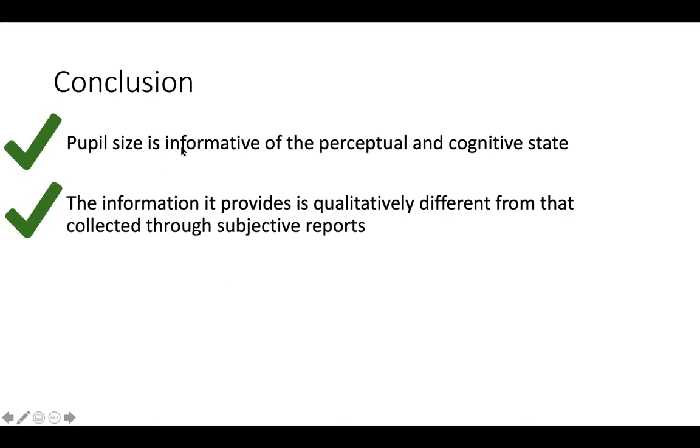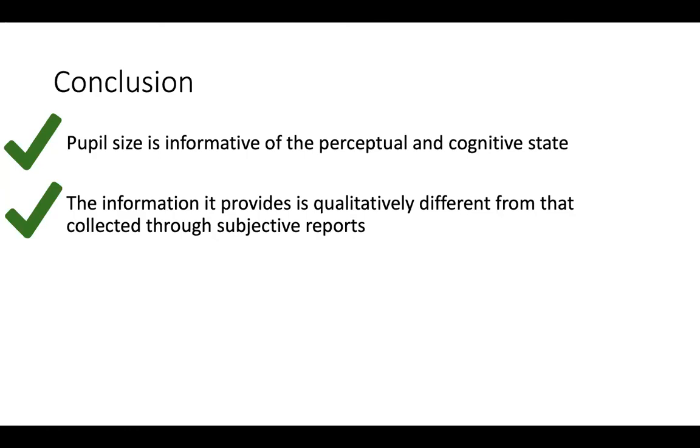Not only does pupil size provide information in situations where direct questioning would be difficult, like the mind-wandering case, but it actually provides information that is qualitatively different from that gathered through questioning or psychophysics, and in some cases, more meaningful.